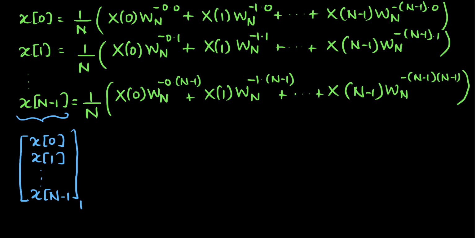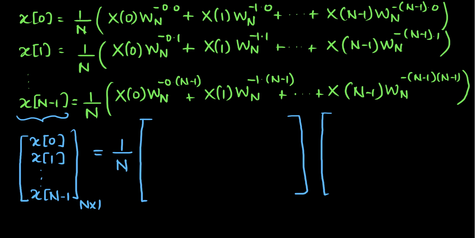So we have this n cross 1 vector, and again now we have this scaling factor here, and we would be getting again a matrix. And now again we would be having a vector corresponding to this x of 0, x of 1, and so on till x of n minus 1.